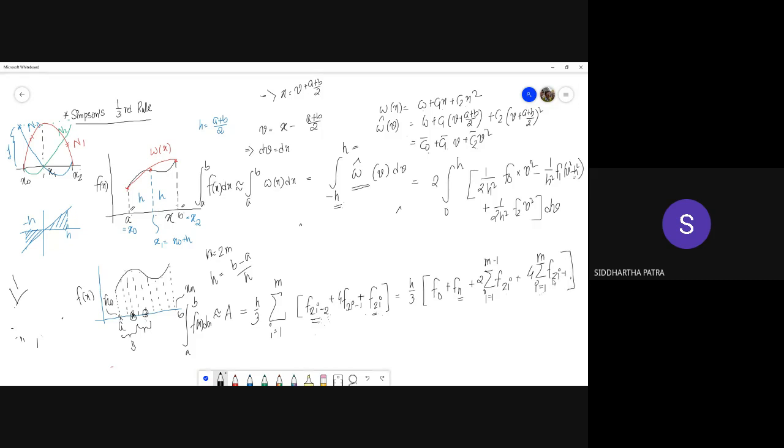So if I take the values f0 to fn like this, f1, f2, f3, fn, where any fi is essentially f of xi, which is f of a plus i times h, the coefficients of these terms in addition to h by 3 are going to be 1 is to 4 is to 2 is to 4 is to 2, then 2 is to 4 is to 1.